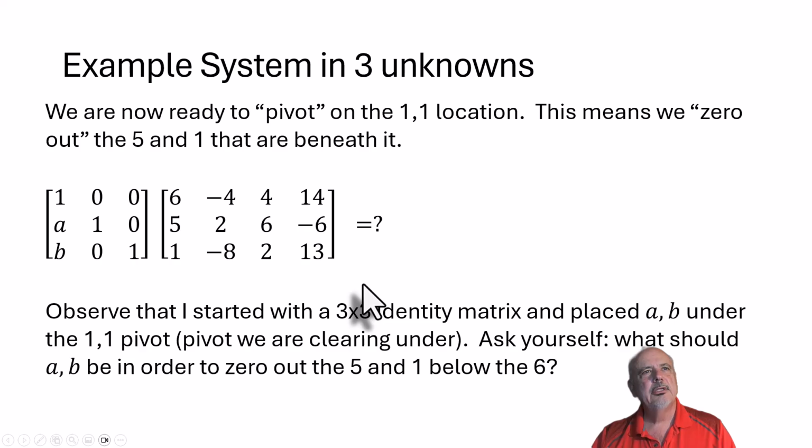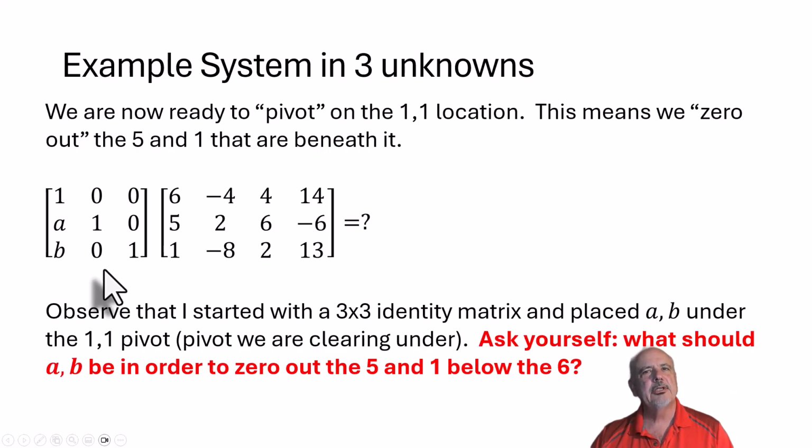Okay. So now we're ready to pivot here. We're going to pivot about that 6. Here's how you do it: you start with an identity matrix like this, and we're going to clear under the 6. We want to make those 0, 0. In order to do that, in our prefactor matrix we're going to want certain numbers in the A and B positions.